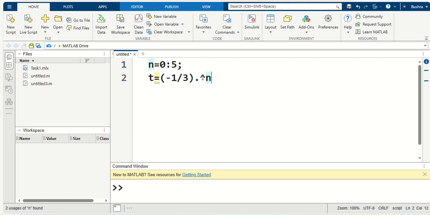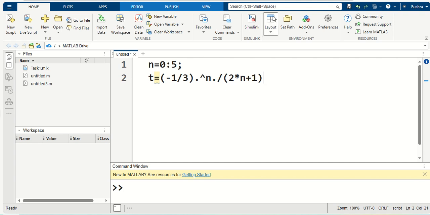So in that case, the period operator will be very important here. Then followed by another period operator for the division, because division and power operations by default are not element-wise operations. So this is where it becomes important that we include the period operator here, followed by the denominator within the parentheses, 2n plus 1.